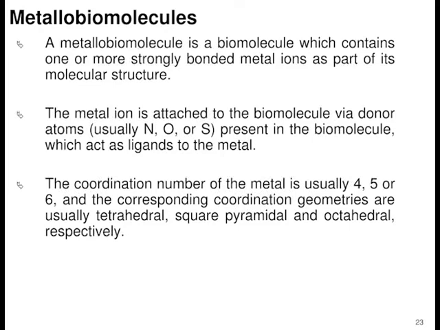To simplify the structure of myoglobin, the round part is your porphyrin ring. In the exam, if you are asked to discuss the active site of myoglobin, this is all you need to draw for the iron and the porphyrin ring.